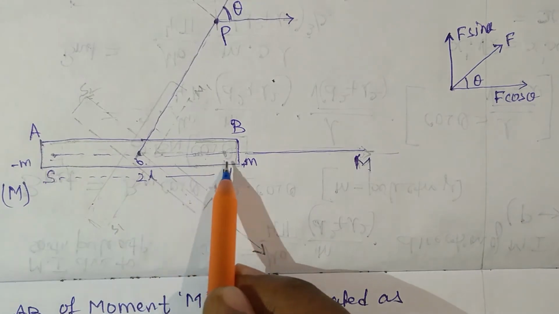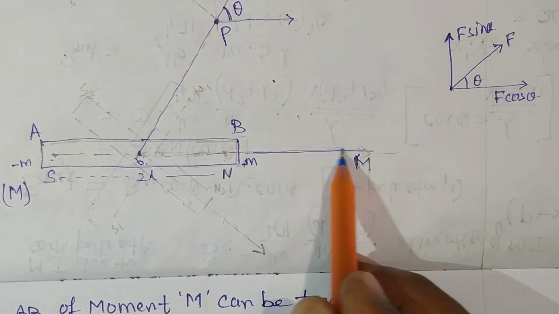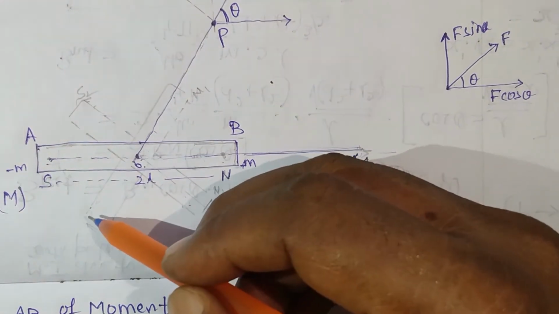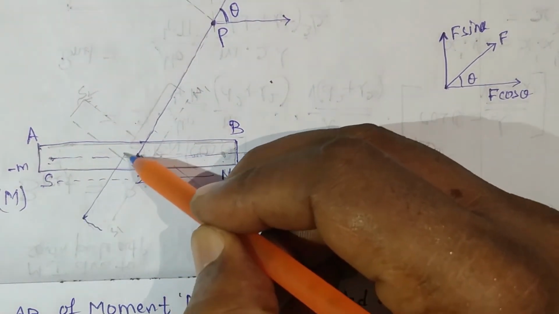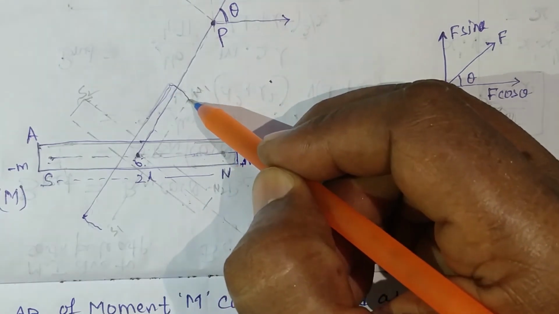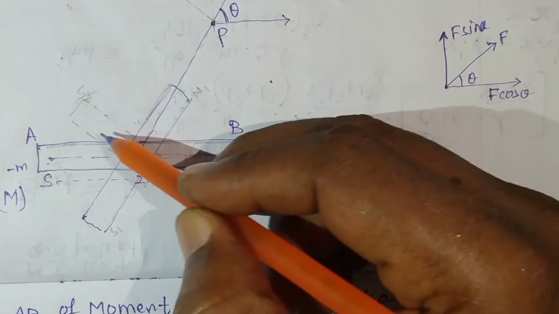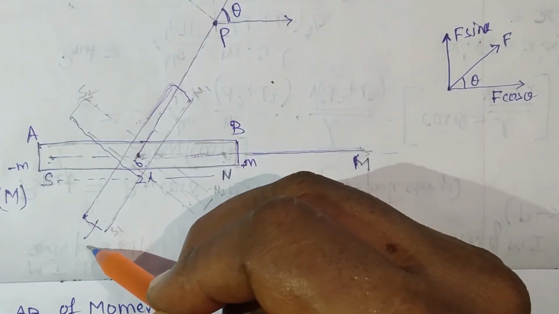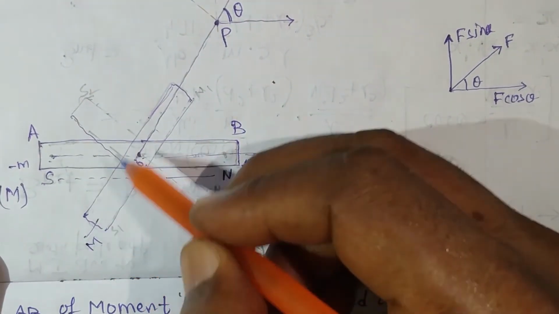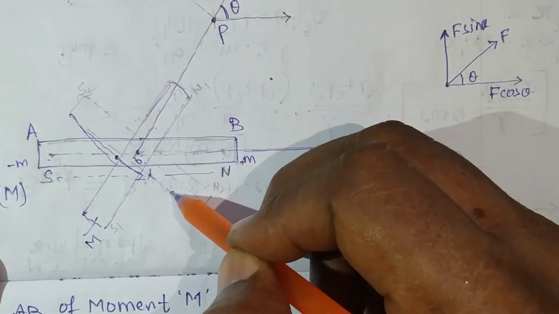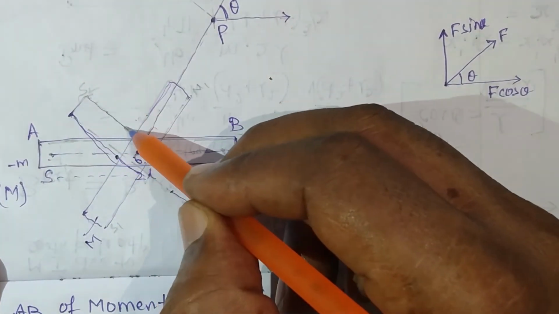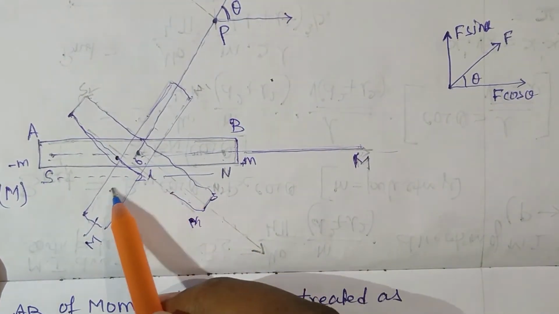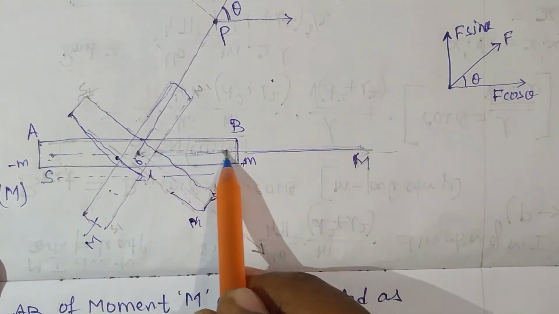Now similarly the same concept I will apply here. The magnetic moment of this bar magnet is in this direction. Now I will assume that there are two bar magnets which are perpendicular to each other, like this. The magnetic moment of this magnet is M, and the magnetic moment of this bar magnet which is perpendicular to this one is also M. Then the resultant of the magnetic moment of these two magnets will be in this direction.